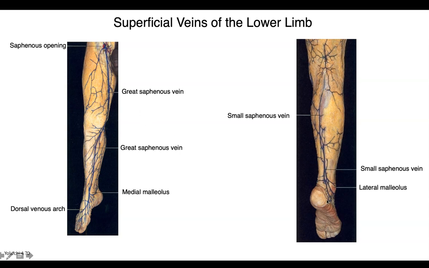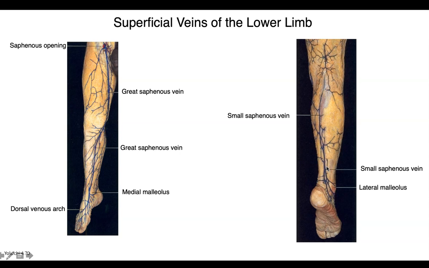The small saphenous vein is another important superficial vein that arises as the continuation of the lateral side of the dorsal venous arch, or the lateral marginal vein. The small saphenous vein passes posterior to the lateral malleolus. The medial malleolus is the medial prominence of the ankle, and anterior to the medial malleolus is the great saphenous vein, and posterior to the lateral malleolus is the small saphenous vein.